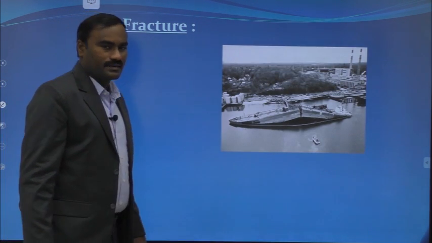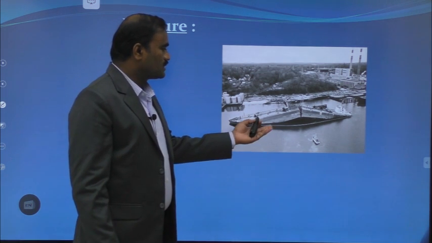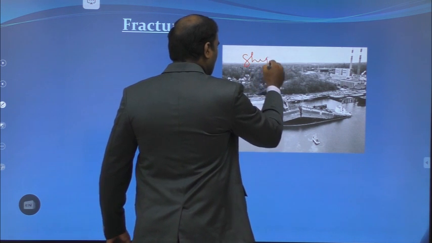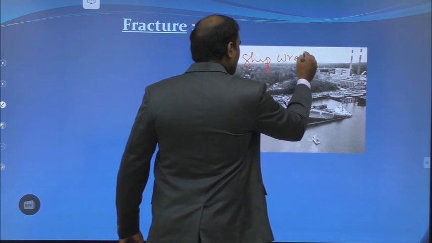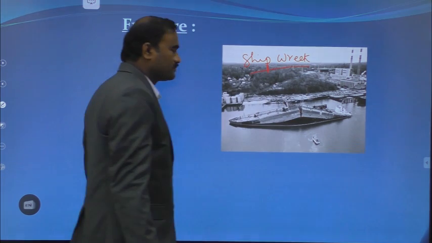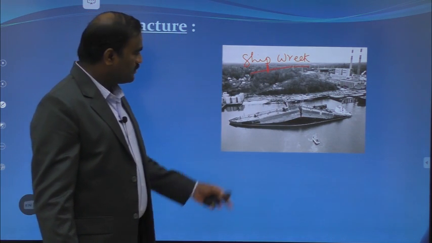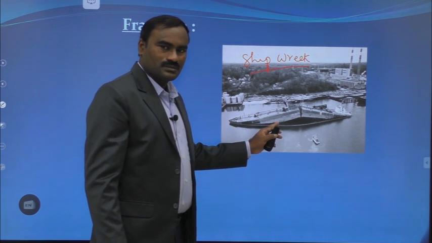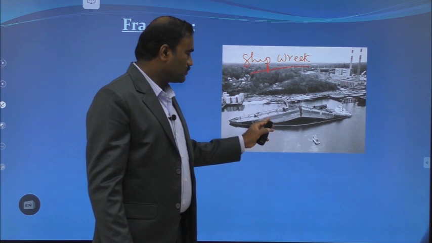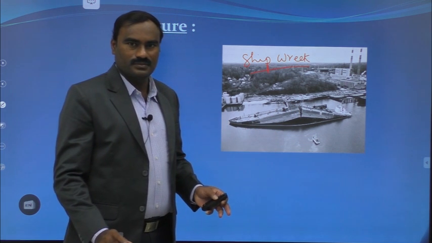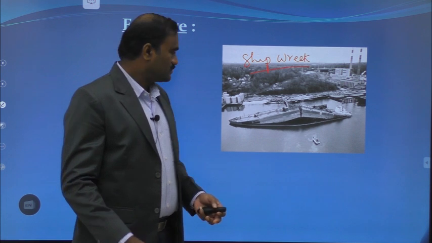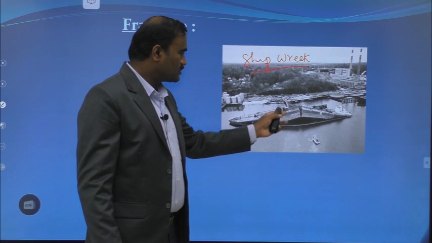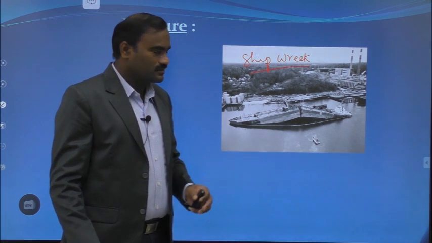If you see this diagram, you can see a shipwreck. Because of this shipwreck, the amount that was spent to build the ship is lost without fulfilling its purpose, and some of the humans working in the ship might be injured or lose their lives.